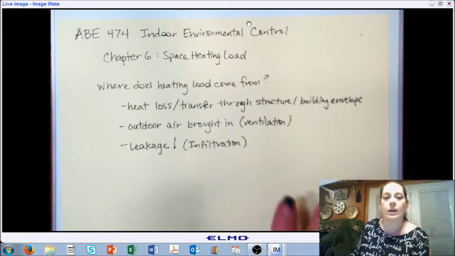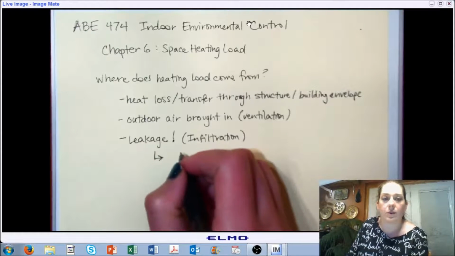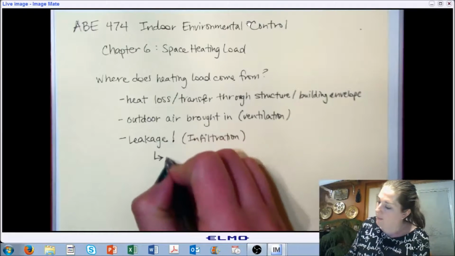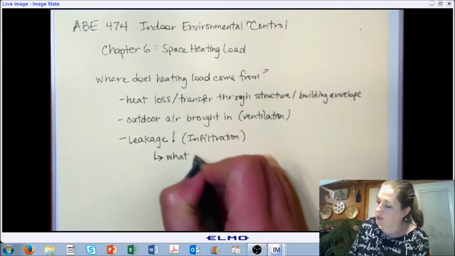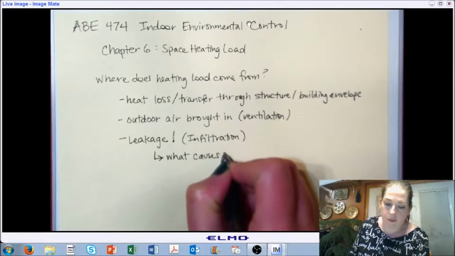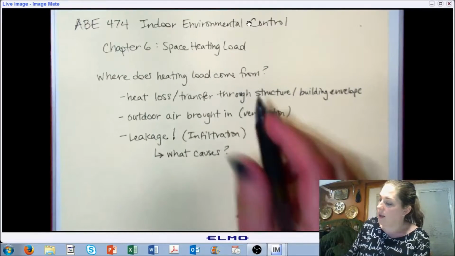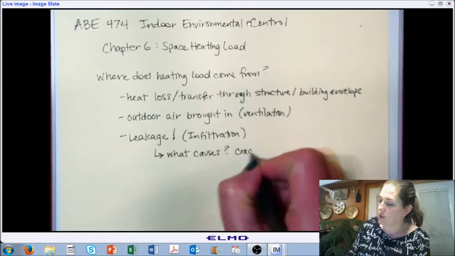And so what causes infiltration? This is our new concept we're going to also work with in this chapter. So what causes this leakage? Primarily, it's caused by the fact that we have cracks in our structure or cracks in our building.